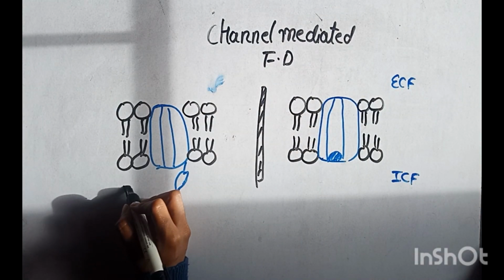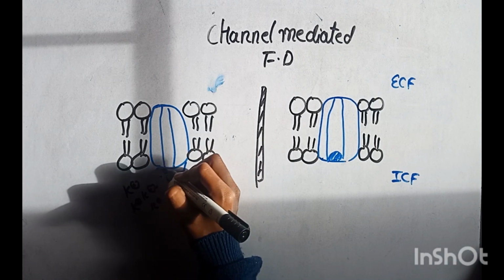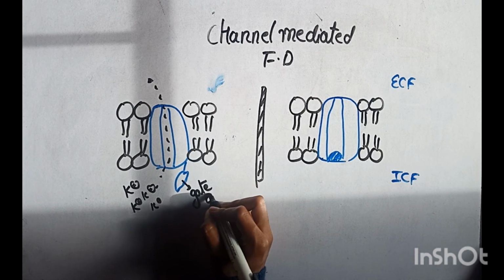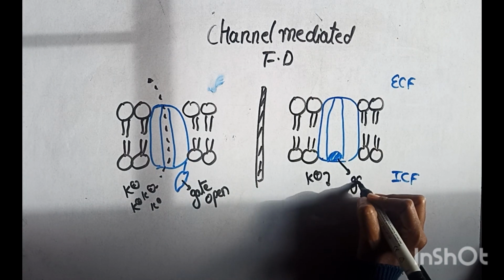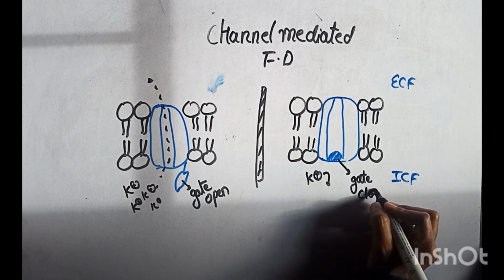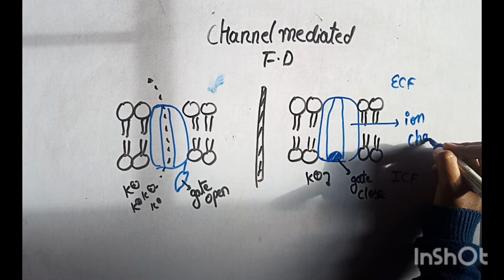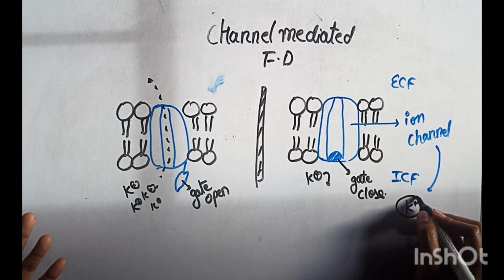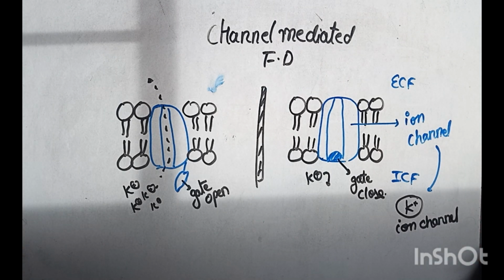The concentration of potassium inside the cell is very high, so in that condition the gate opens and potassium moves from high concentration to low concentration. In the other condition, the gate is closed because equilibrium is achieved and potassium movement stops. This is the potassium ion channel. So this is channel mediated facilitated diffusion.